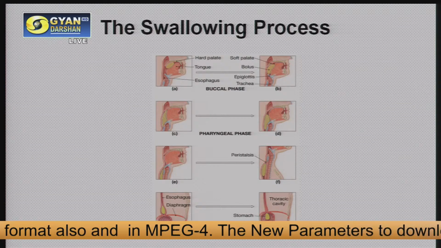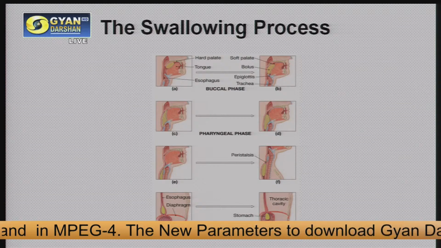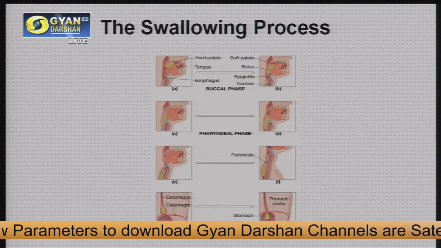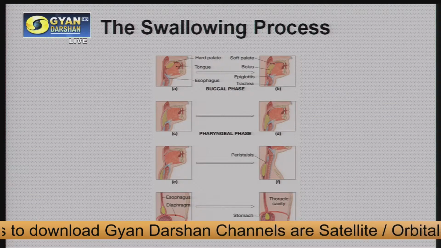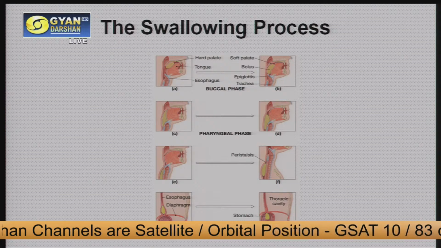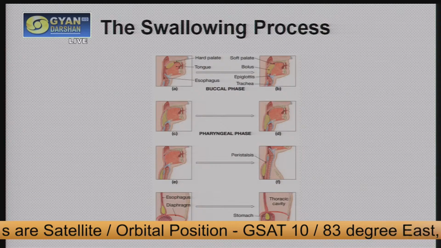Similarly, pharyngeal phase is the next phase, and here you can see the peristaltic movement which is happening in the process. And then the last phase, there you can see the thoracic cavity, then there is a diaphragm, and then there is esophageal phase. So these phases are very important in the swallowing.